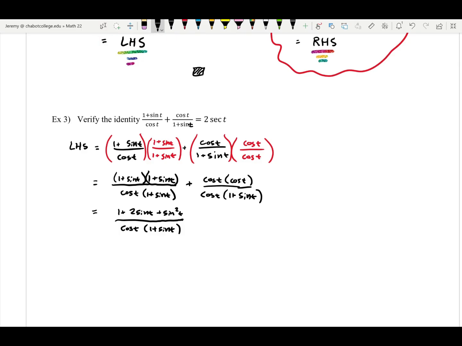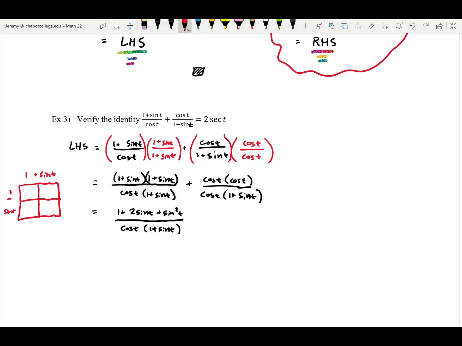So however you do that, if you do the first, outer, inner, last thing, I know some people like to do the box method like this, where here you have 1 plus sine t and 1 plus sine t.